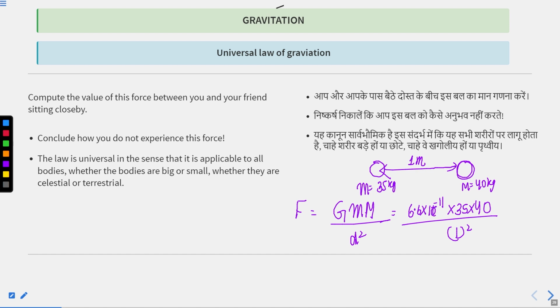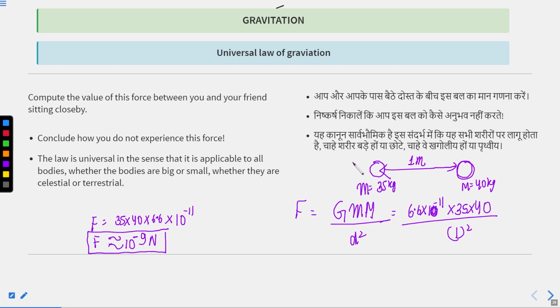If you calculate 35 into 40 into 6.6 into 10 raised to the power minus 11, the force will be approximately 10 raised to the power minus 9 Newton, which is a very, very small number. That's why you cannot experience this force in your everyday life, because its magnitude is very small. Clear, class?